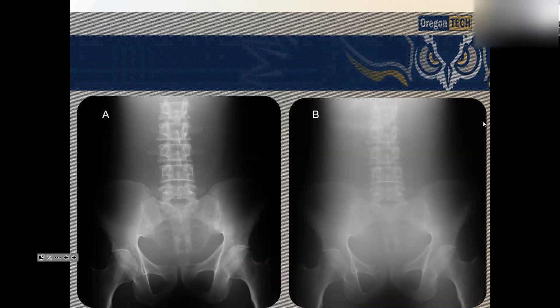So what happens with scatter production, as kVp increases, you're going to have a shift away from PE interactions and a shift towards scatter interactions. And on top of that, as the kVp increases, the scatter is going to be moving in a more forward direction. So the high kVp puts more scatter on the image.